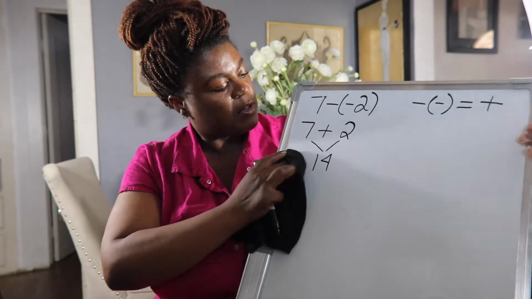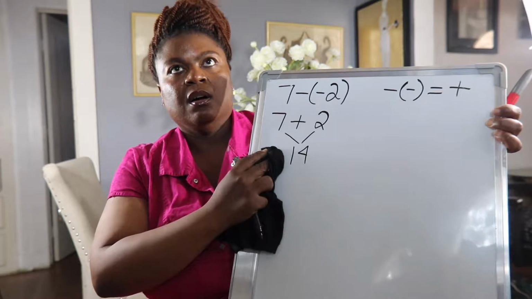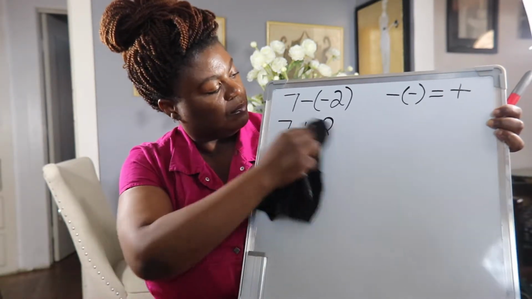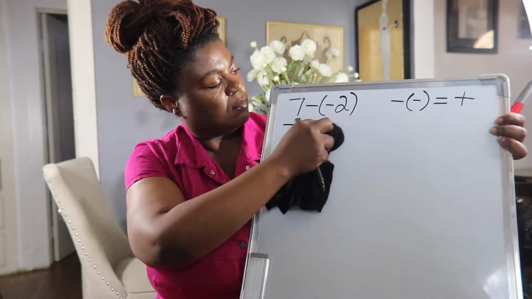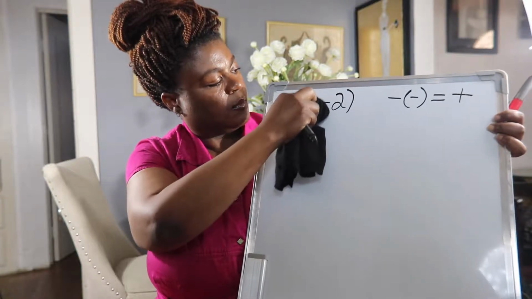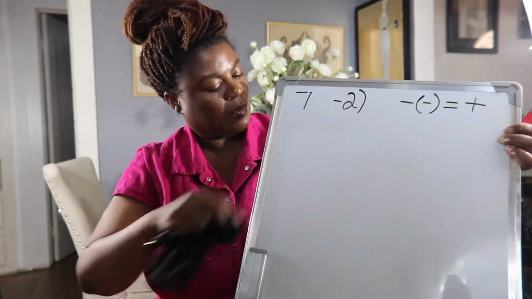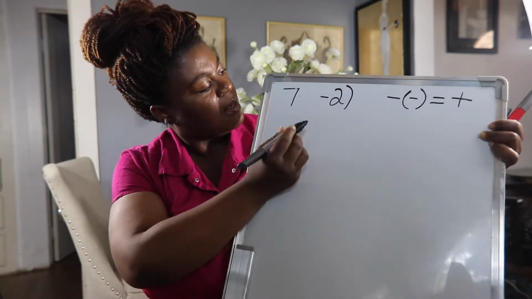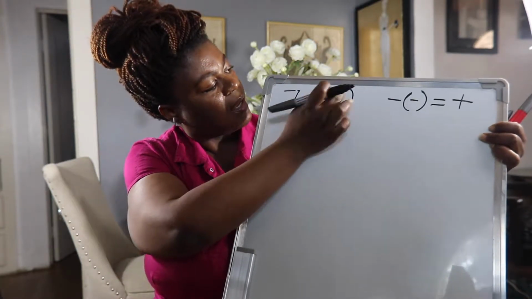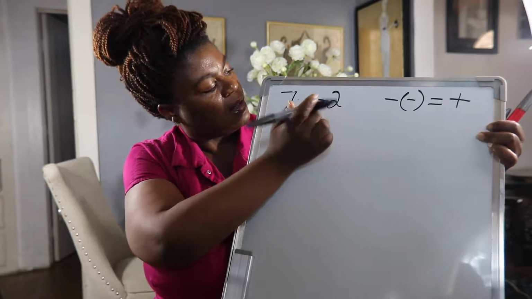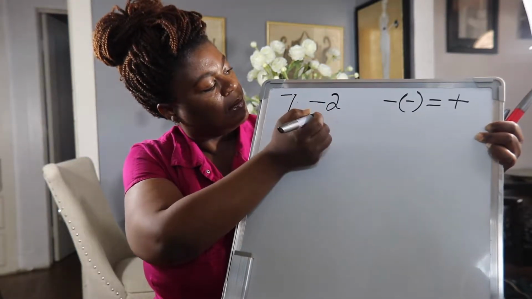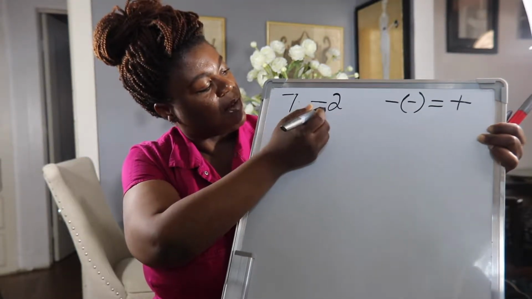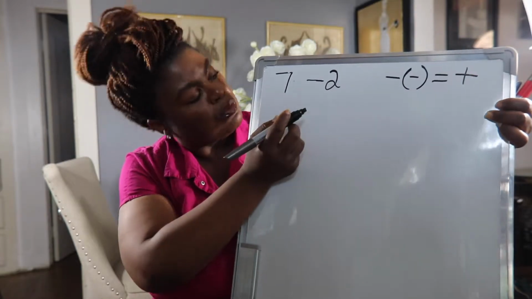Use the same numbers but change their sign. So now what I want to put is negative 7, positive 7 minus 2.